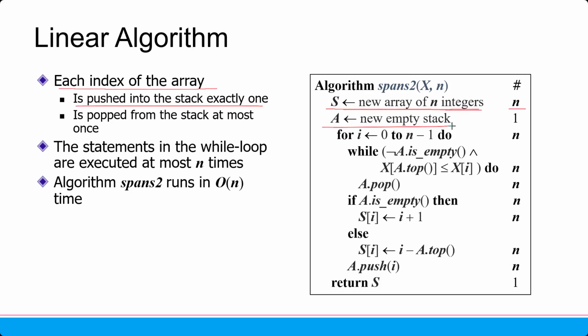The new empty stack means, if you use an array-based stack, then maybe this is just one list, so we just have one operation. And then each index of the array is popped from the stack at most one time, so again it is n times.